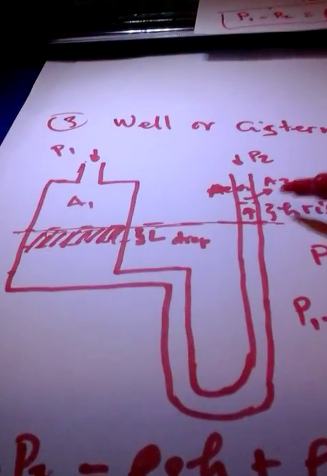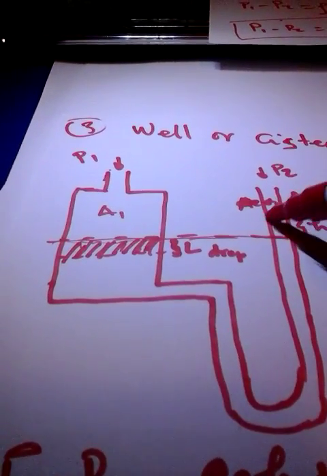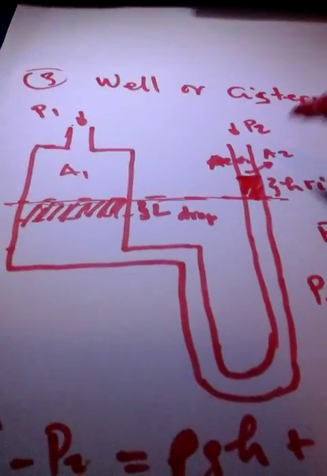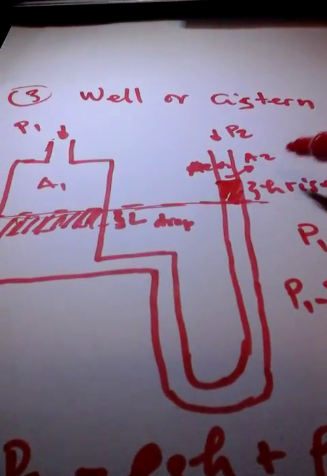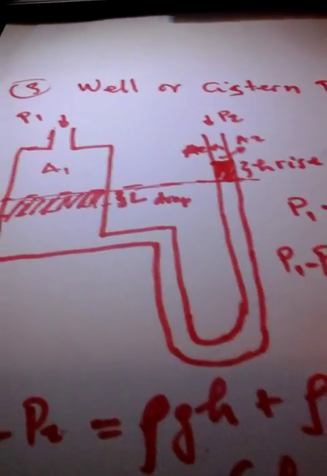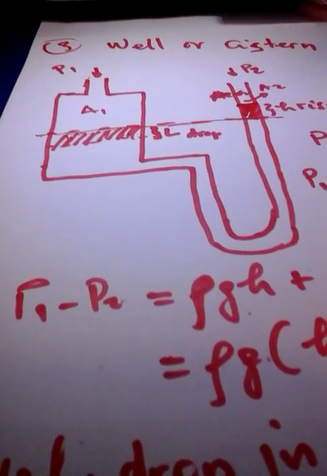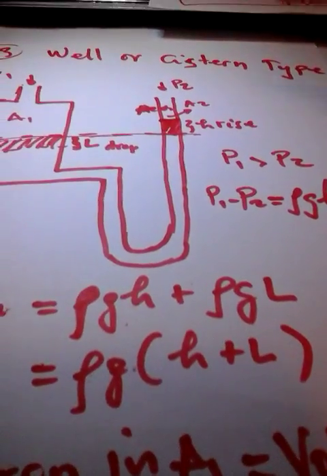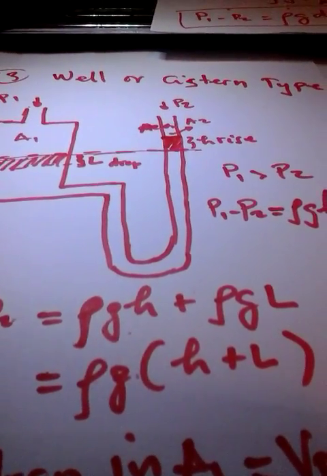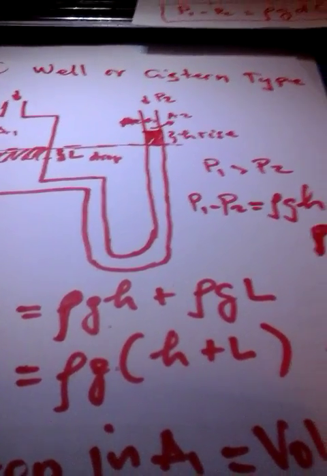Then on A2, the liquid will rise, and the distance we call H, the rise. Then because the liquid rises, that means there's differential pressure, and that also means that P1 is greater than P2. Therefore, we can find the differential pressure, which is P1 minus P2.